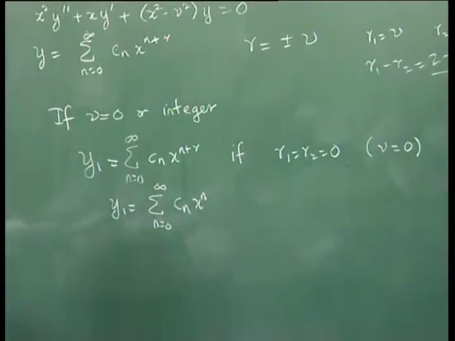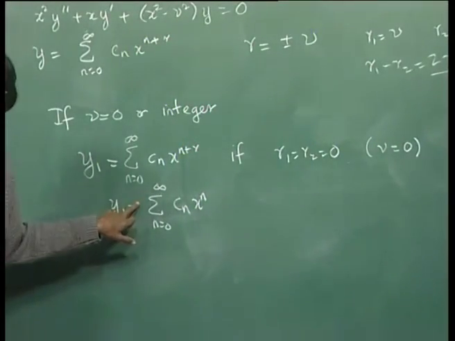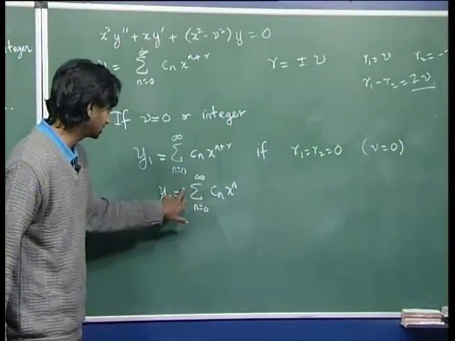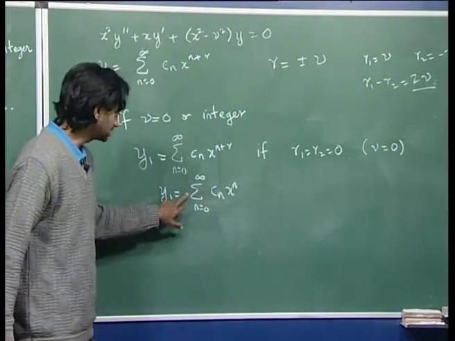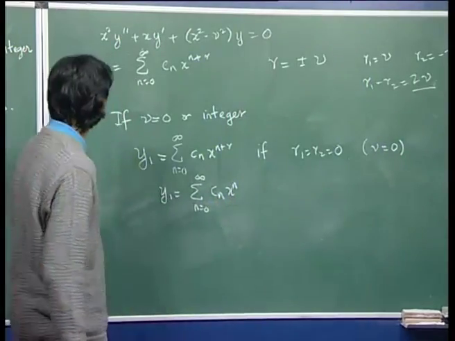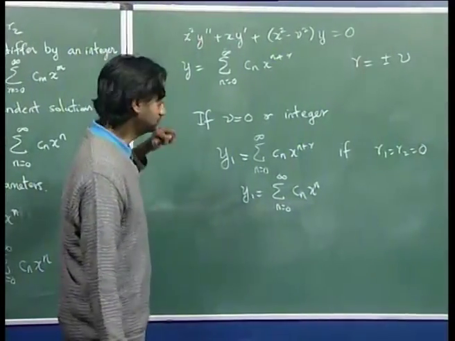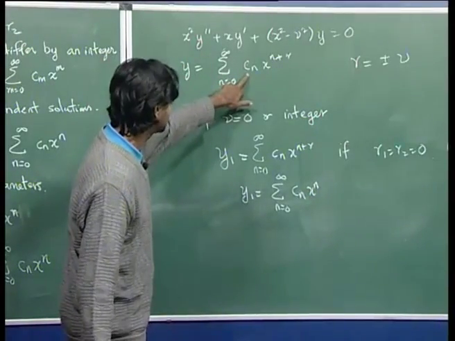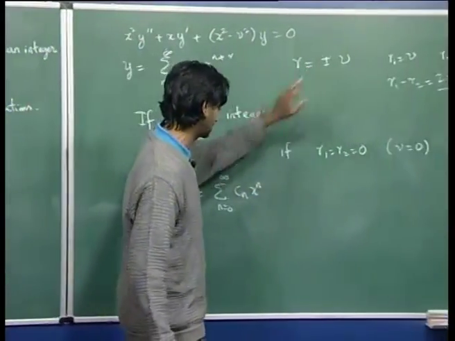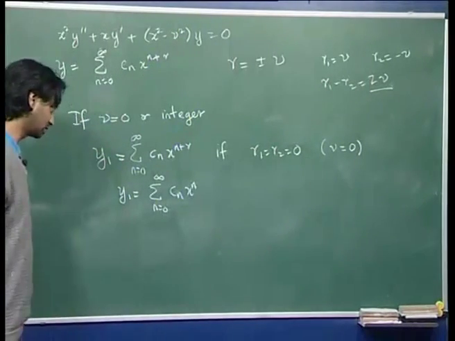Okay. So, one solution you can do in the form of this power series, and what you can show is that you use this power series method in the usual way. We already started with the modified power series method, and then we saw that r equal to plus minus nu, but nu was equal to 0.